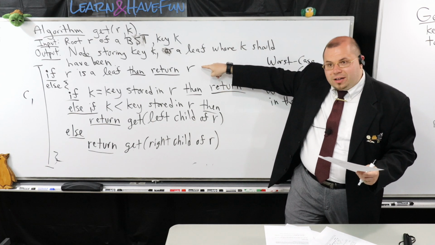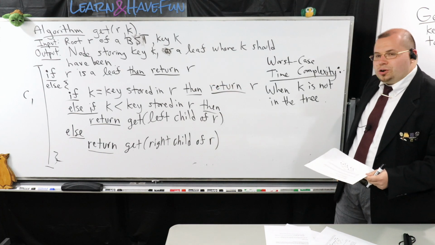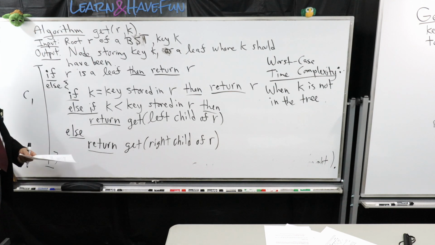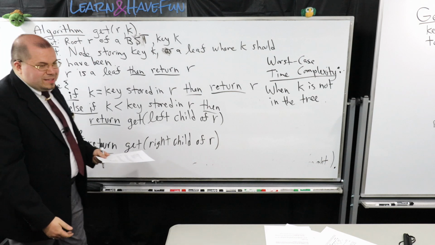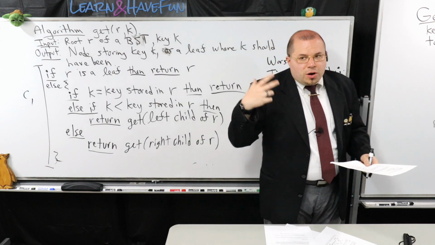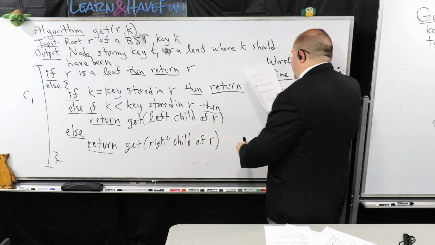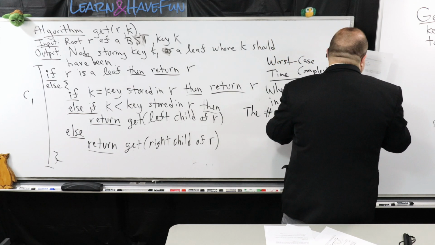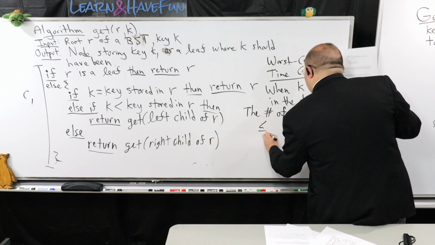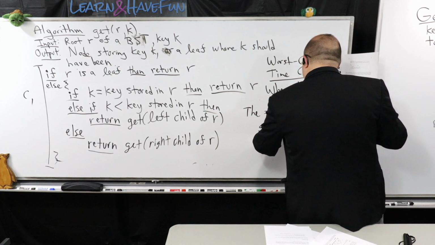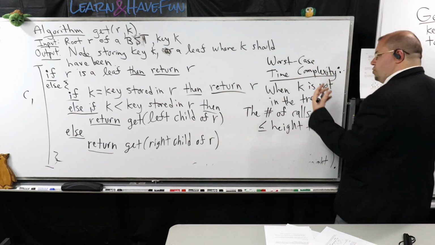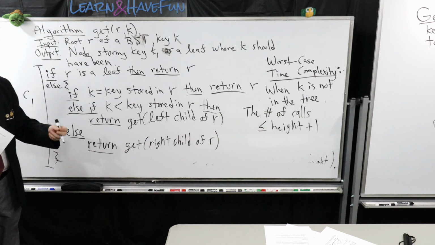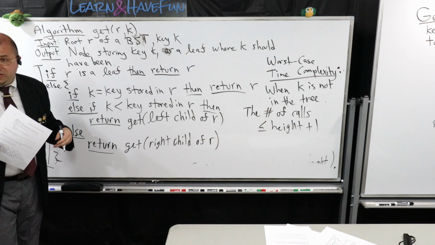It's going to return R because R is in fact a leaf in the worst case. So we know that this is going to get all the way down to a leaf node, but the maximum number of calls that can possibly happen is going to be at most the height plus 1. So that's the root plus all of the calls that happen for all of the descendants to get down to this leaf node. It's going to be no more than the height plus 1.